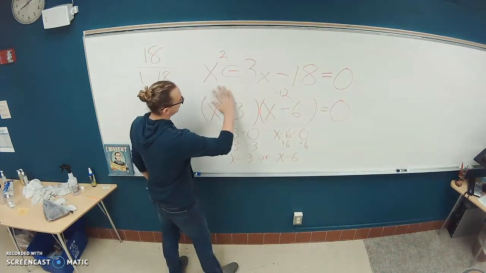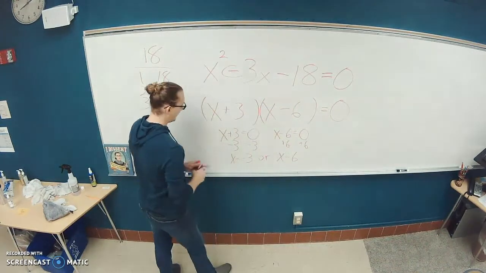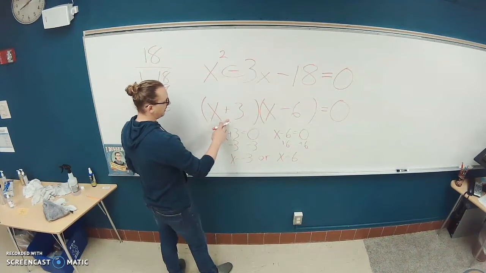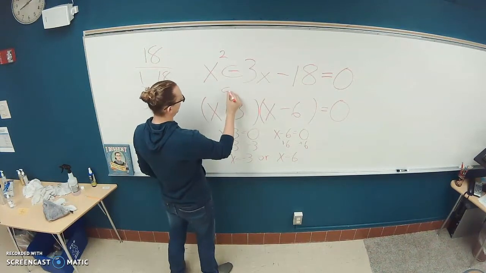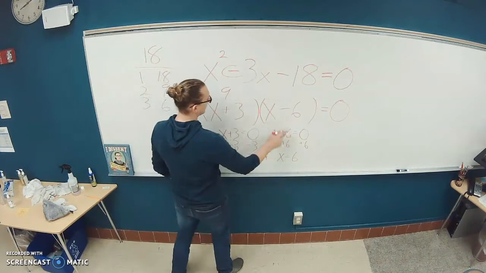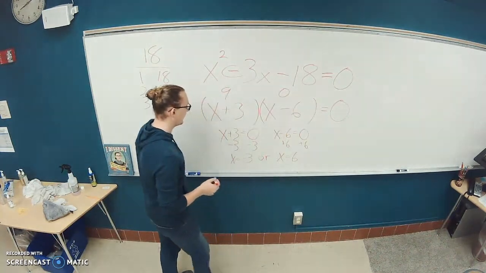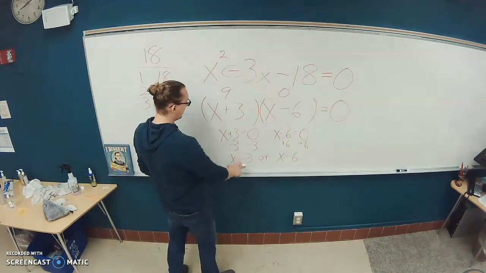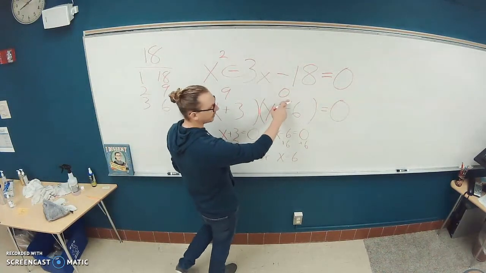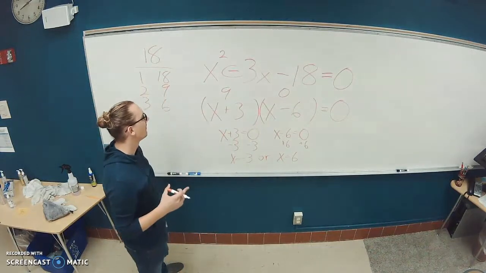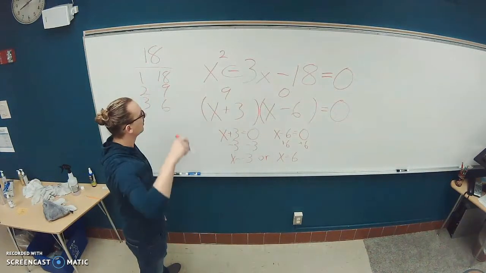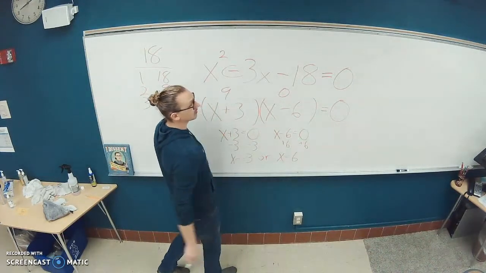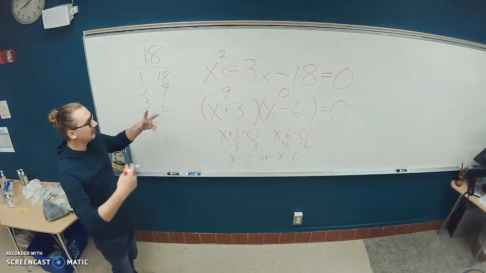So let's check our 6 answer. 6 plus 3 is 9. 6 minus 6 is 0. I had 12 for the last one, didn't I? Sorry. I should have plugged in a negative 3, got a negative 9 for the last problem. That was my bad. 9 times 0 also equals 0. So that works out. So we are getting 0.